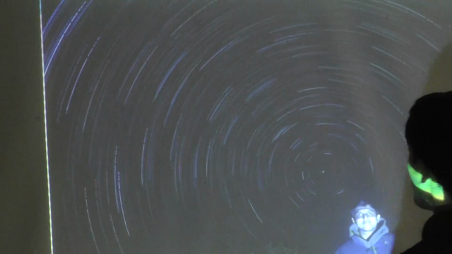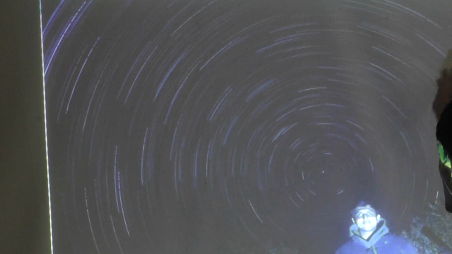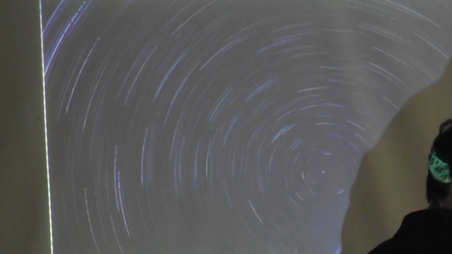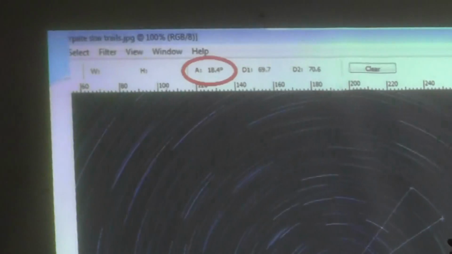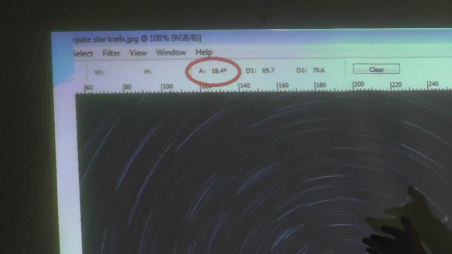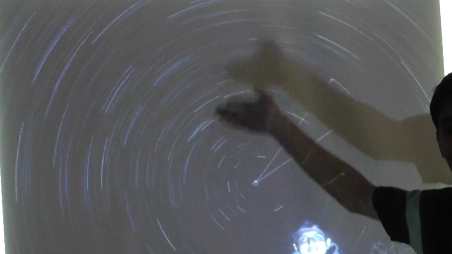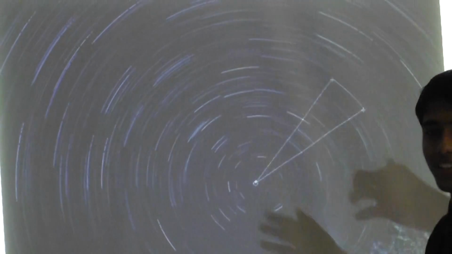This is another image which I got from my friend Saram, and here is again a star trail. In fact, he has imprinted his image onto it, and by a similar method, we found this angle to be 18.4 degrees. The interesting part is that it doesn't matter which arc I choose, because all stars, irrespective of their locations in the actual sky, are still going to move 2.5 degrees in 10 minutes.